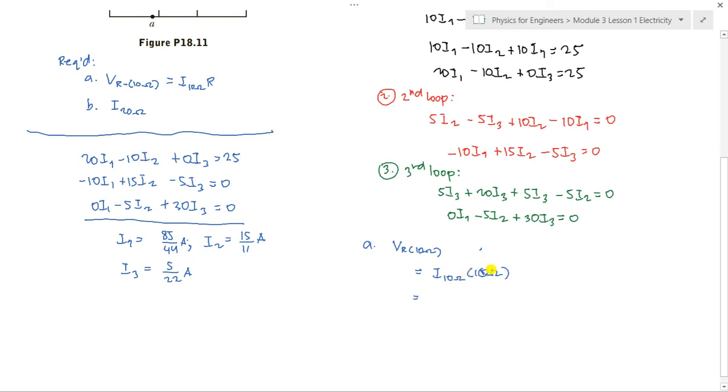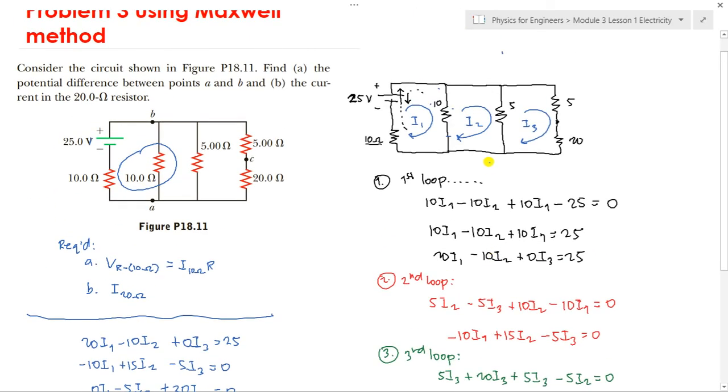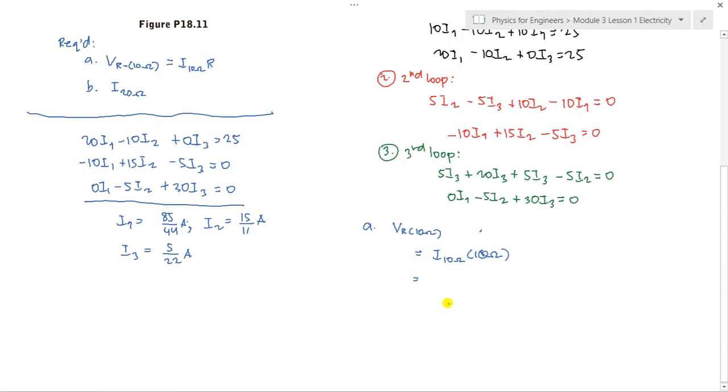Now, the current that passes there is the difference between I1 and I2, right? I1 and I2 both interact there. So that would be I1 minus I2 multiplied by the 10 ohm resistor.